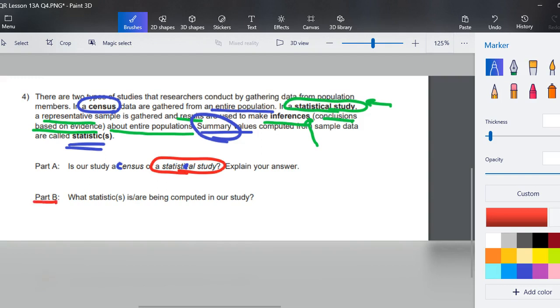Part B, what statistic is or are being computed in our study? Well, we are computing an average from the incomes of each of the classes.